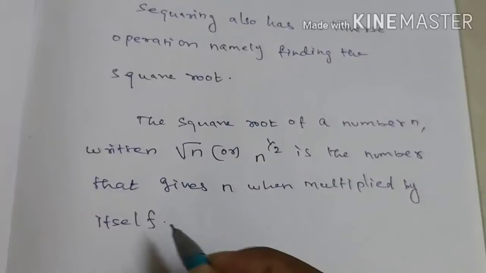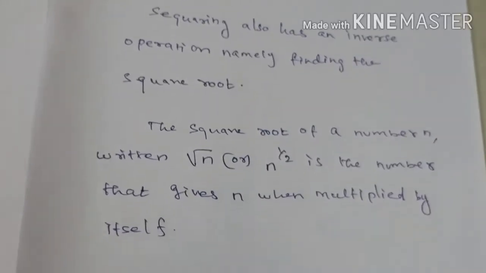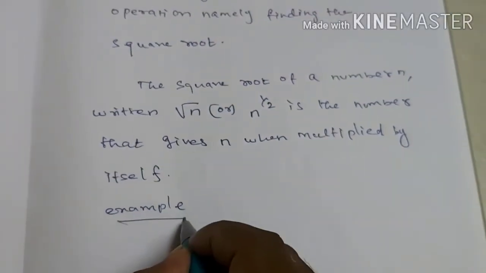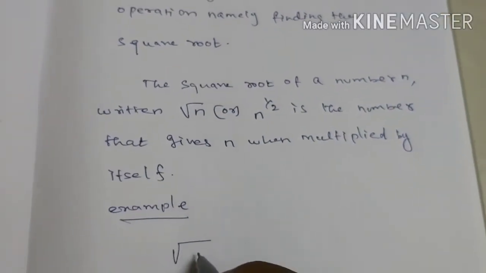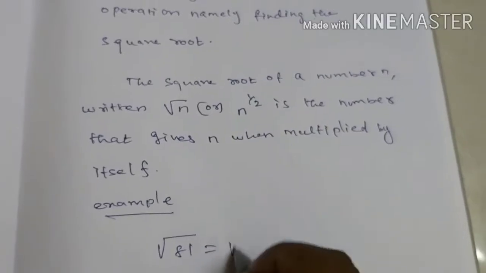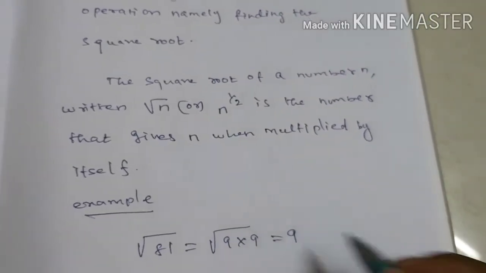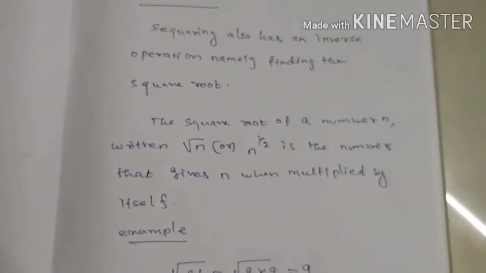What number? The same number. Itself means the same number multiplied. n means n multiplied by n. For example, square root of 81 equals square root of 9 two times. So 9 into 9, the answer is 9.